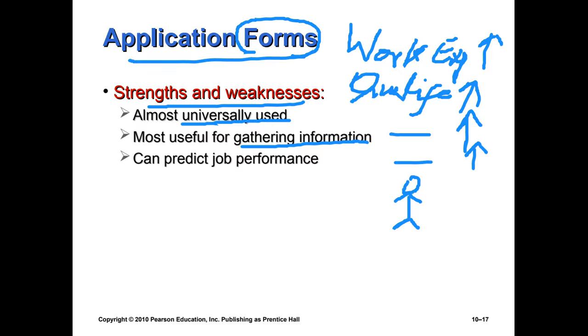You can also use this application form information to predict the job performance of a candidate, because you'll have data about the candidate's working experience, the qualification he has got, and the CGPA he has.